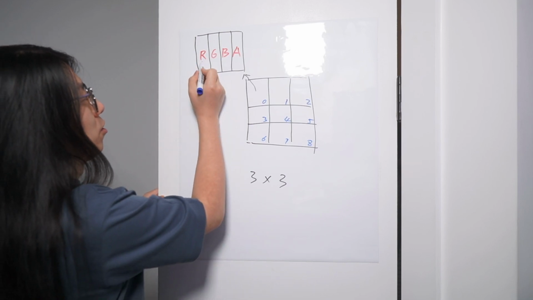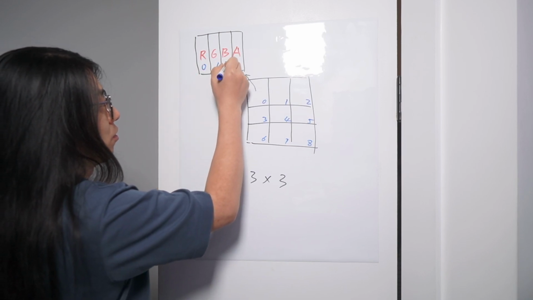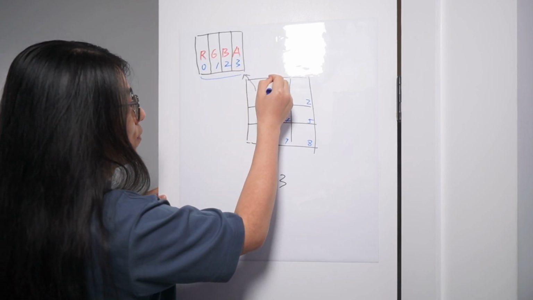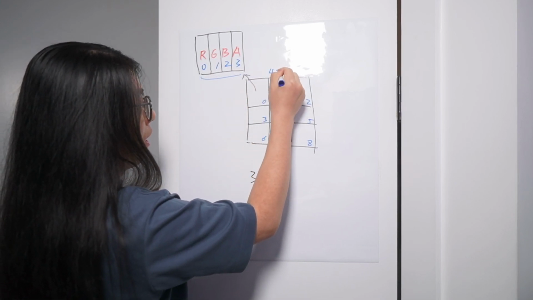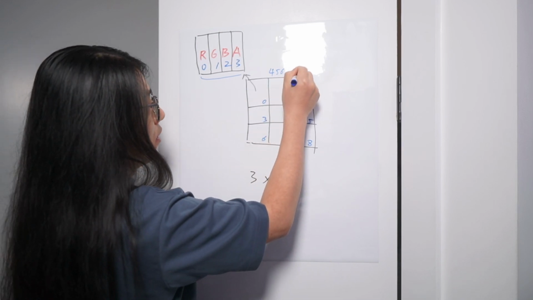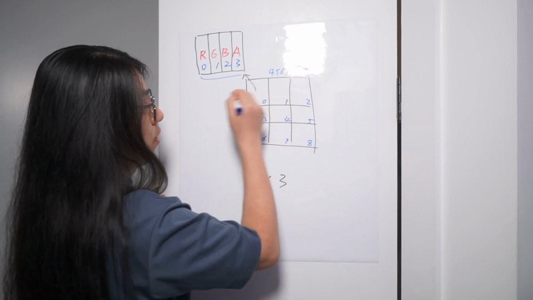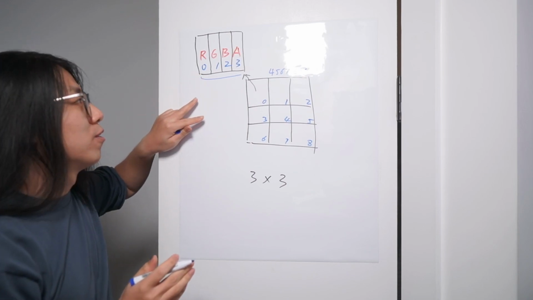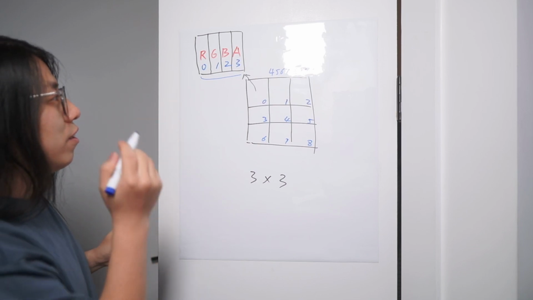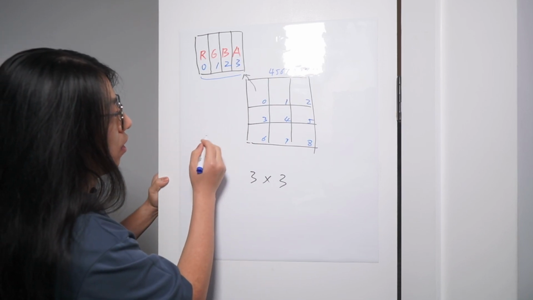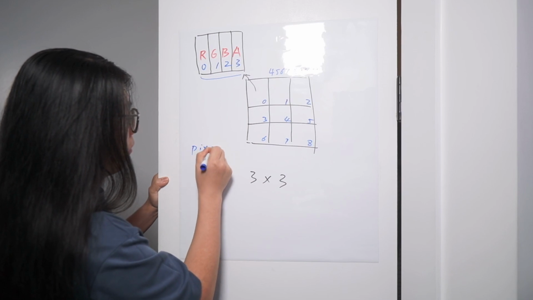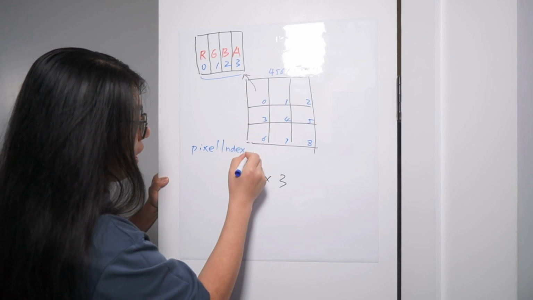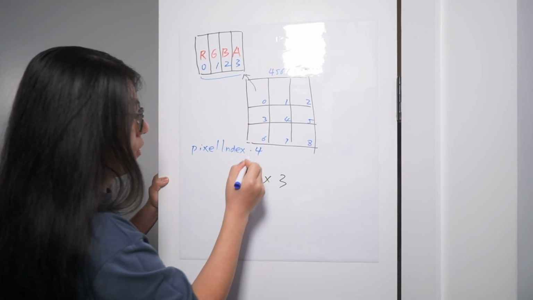Let's think about this. We start with 0, 1, 2, 3. So within each pixel, we have 4 numbers. And then for the next one, it's 4, 5, 6, 7. And then 8, 9, 10, 11, and so on and so forth. So whenever you want to get the R value for a particular pixel, the equation that you need is the pixel index times 4.